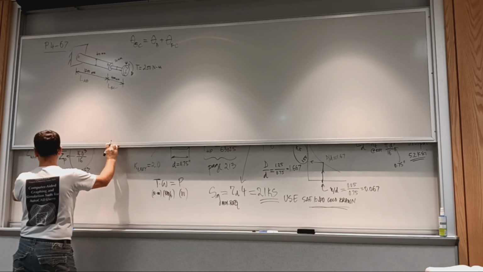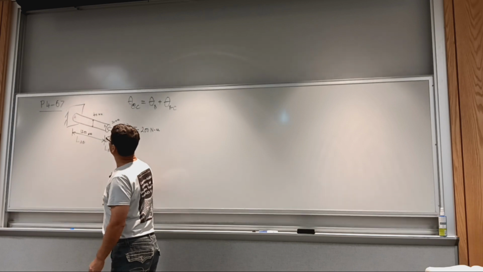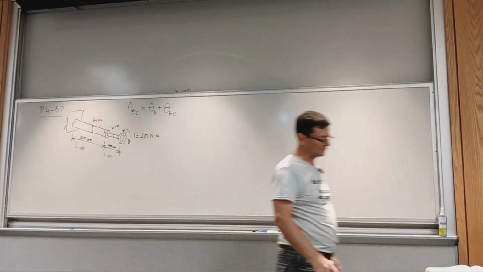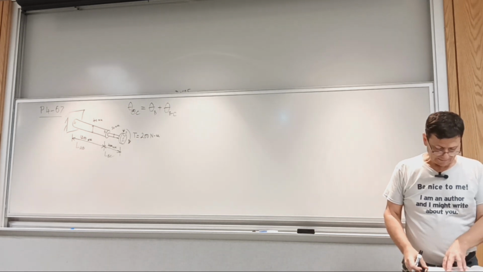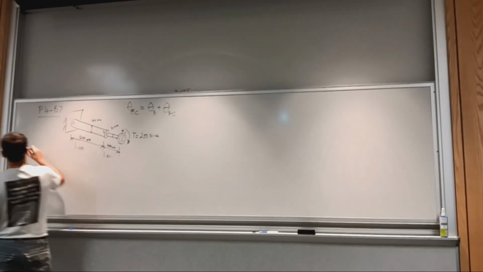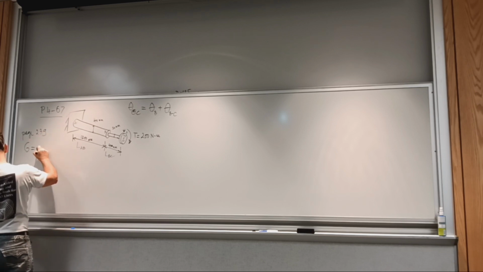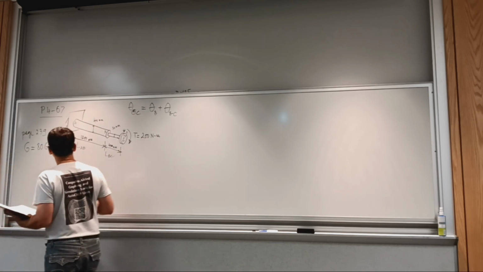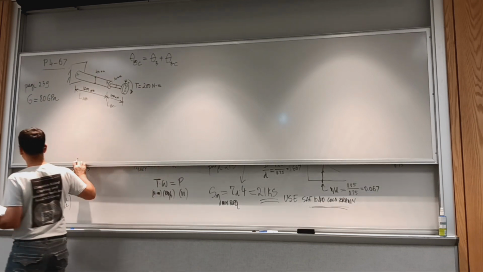And then the same modulus of elasticity in shear because it's made from one single piece. So it says a steel bar. On page 239, you have the modulus of elasticity in shear for steel, which is 80 gigapascals. Okay. And the equation to use would be the one below.